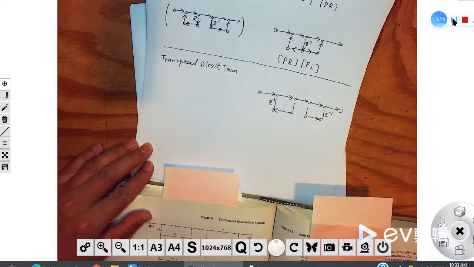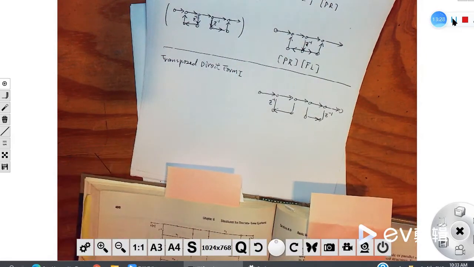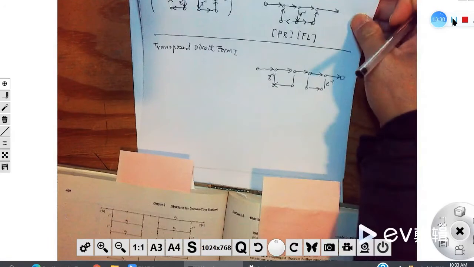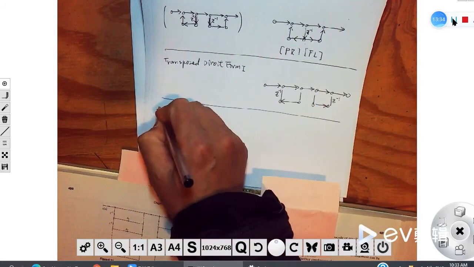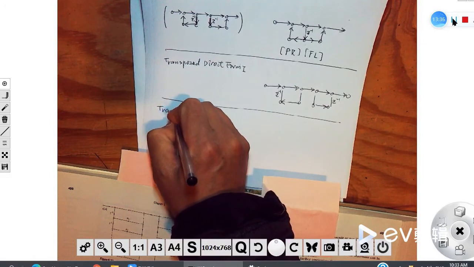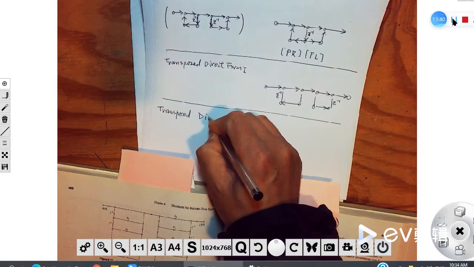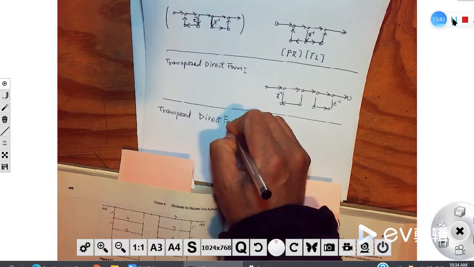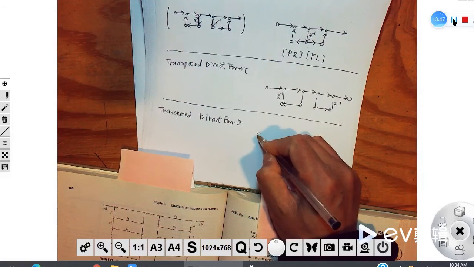This is a direct form 1. Okay, so this is transposed direct form 1, and we also have transposed direct form 2. Now it's a merged one.